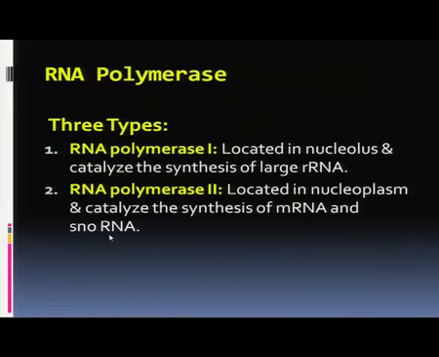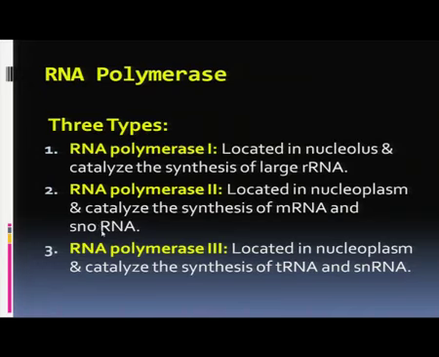So, basically RNA polymerase 2 helps in the formation of messenger RNA. And the third is RNA polymerase 3, which is also located in nucleoplasm and catalyzes the synthesis of transfer RNA and small nuclear RNA.